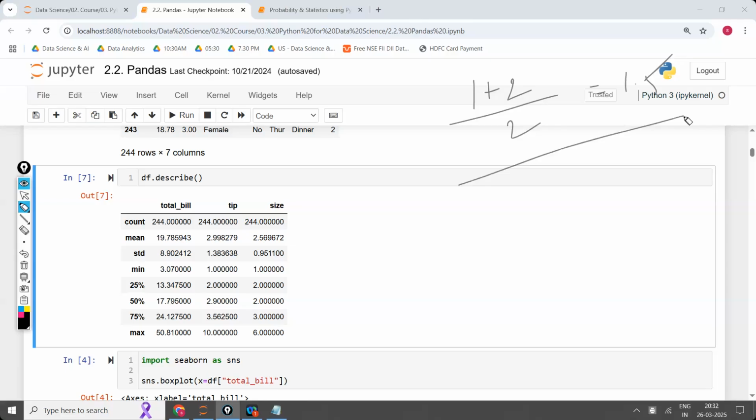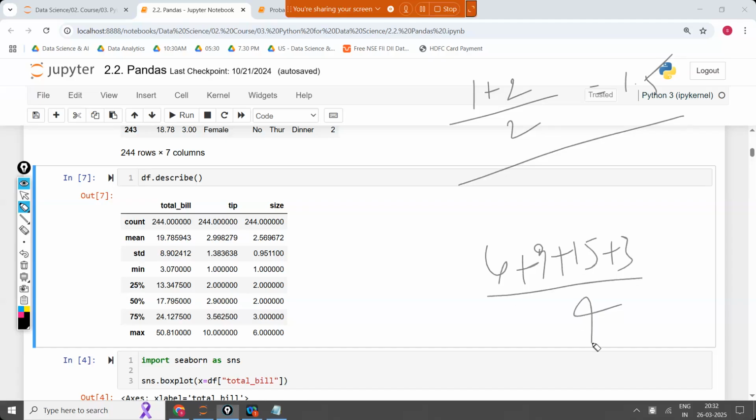Is the math completed? Yes, math is completed. For doing the math, numbers are sufficient; logic is not required. 4 plus 9 plus 15 plus 3, divided by 4. For math, okay. But for statistics, what are these 4 values? 4, 9, 15 and 3, if you write like that, what are they?